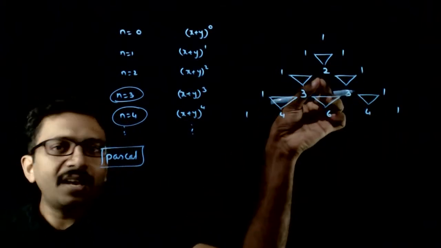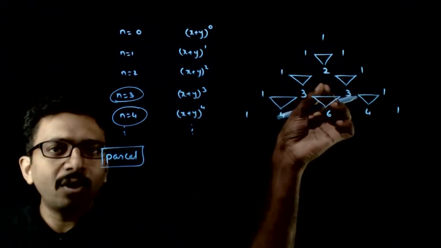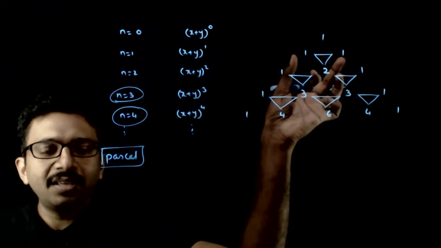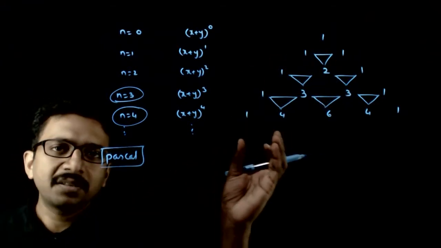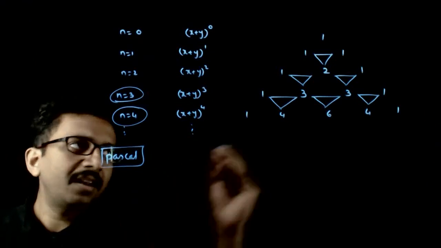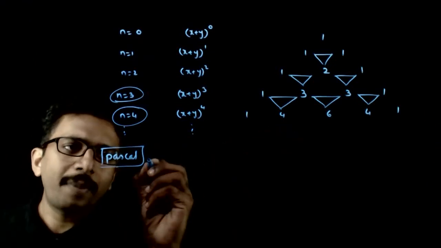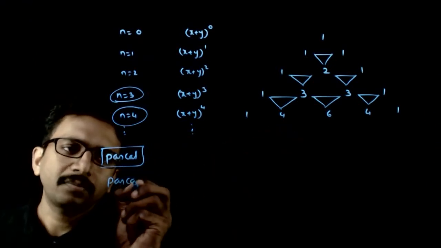You can see that any coefficient is the sum of the two coefficients in the previous line. This was the pattern observed by Pascal, and it is called Pascal's triangle.